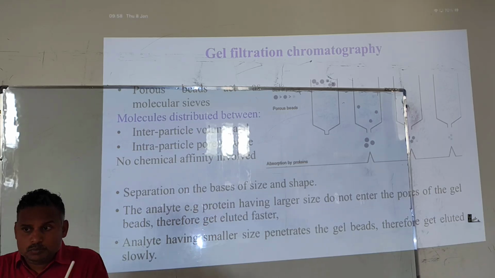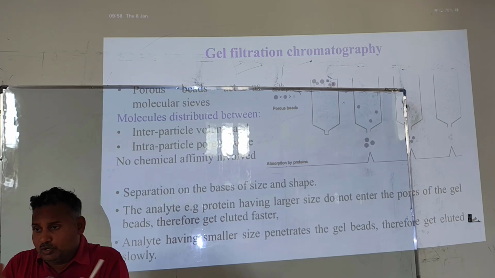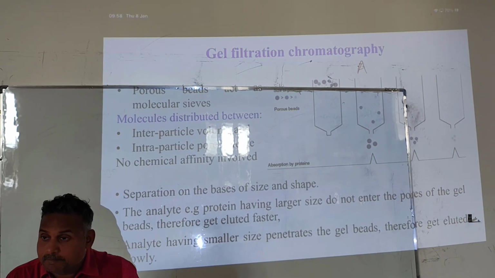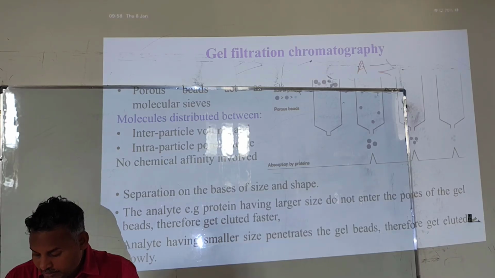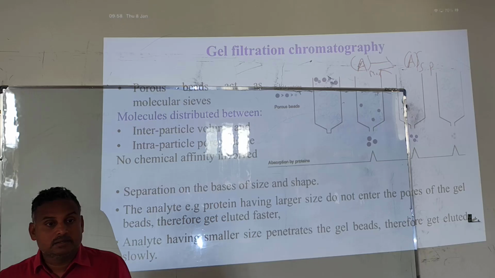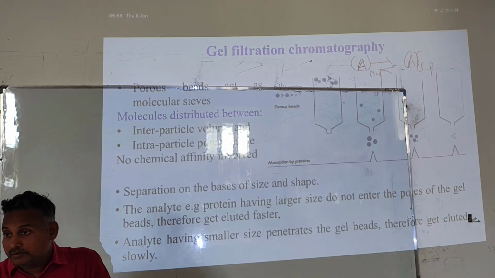So usually solute molecules will distribute between the stationary phase and the mobile phase. We know very well that if you consider a solute A, it will distribute between the stationary phase and the mobile phase.